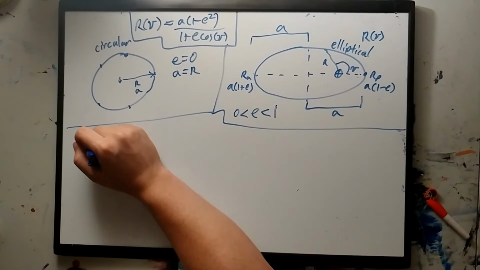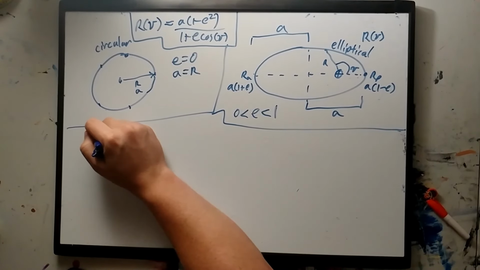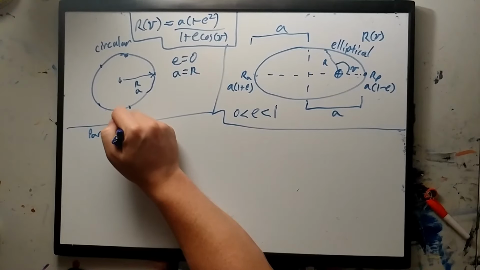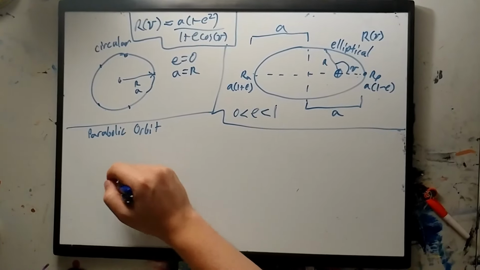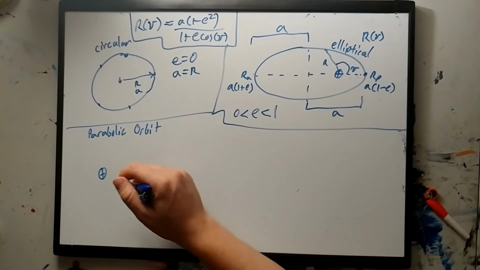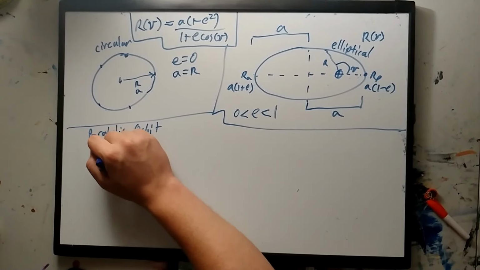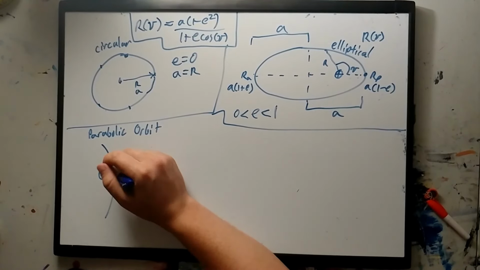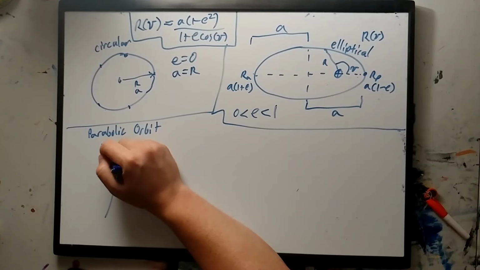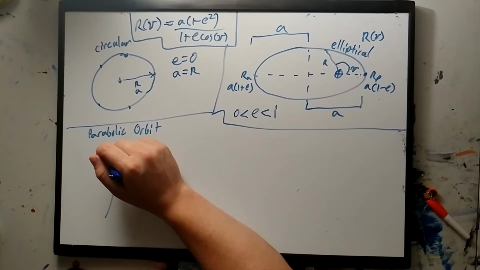So we're going to move on to our parabolic orbit. I'll draw the Earth, and then we'll draw the orbit. So that's the orbit, and we've got r_p, our periapsis, and r, which is a function of nu.